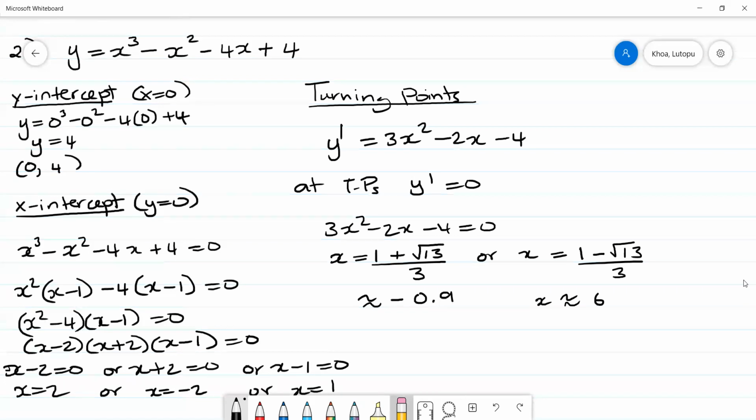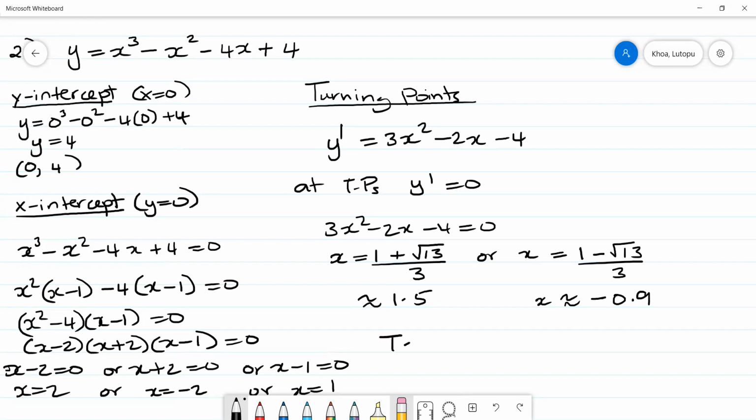This one is 1.53, so it's 1.5, and this one here is negative 0.9. Then we find the y coordinates.